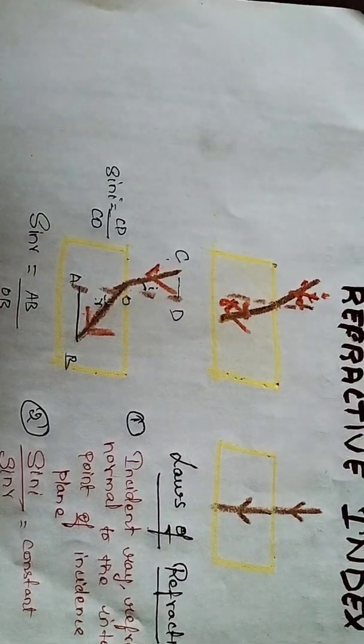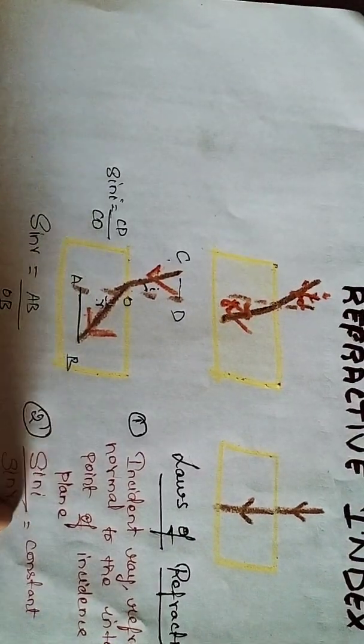Clear? This is the second law. Sine i by sine r is constant.